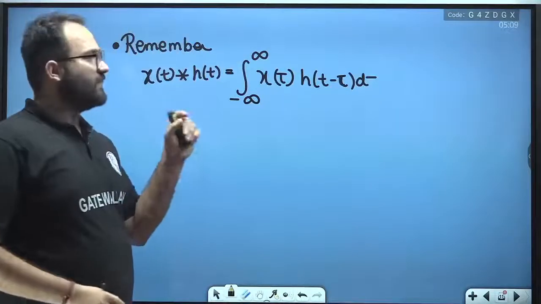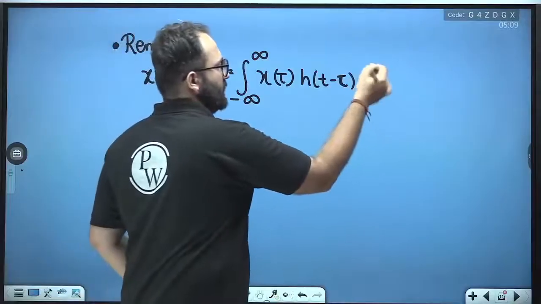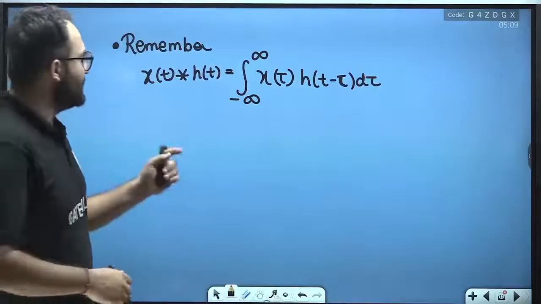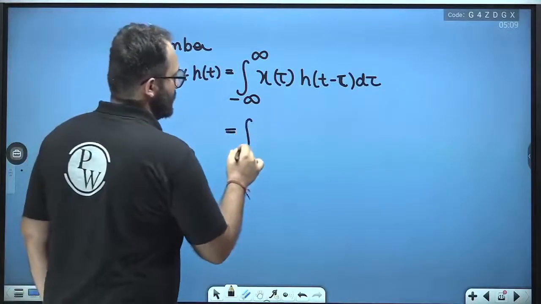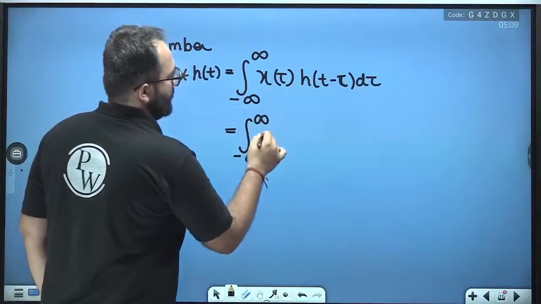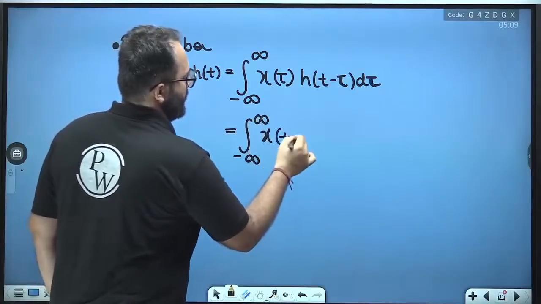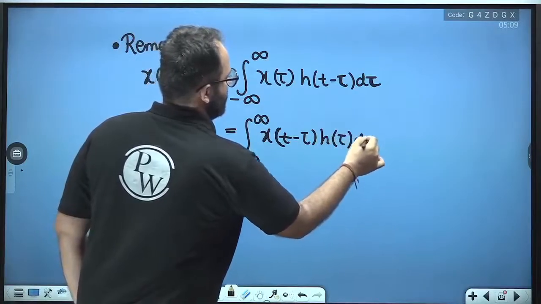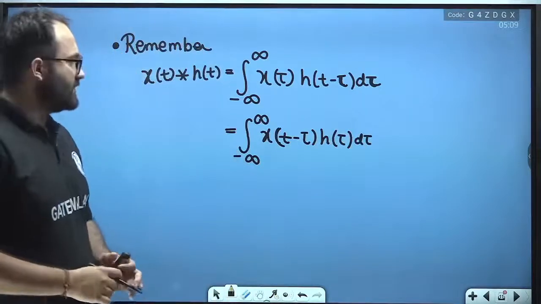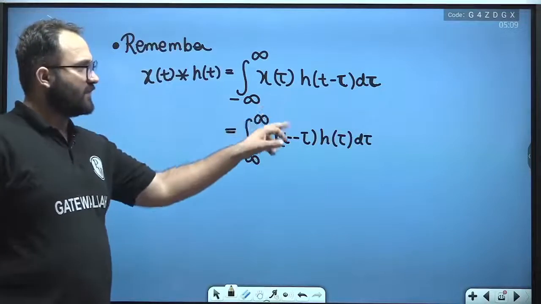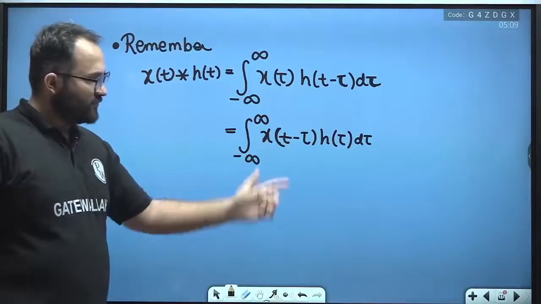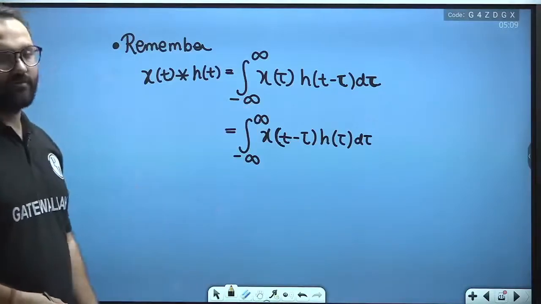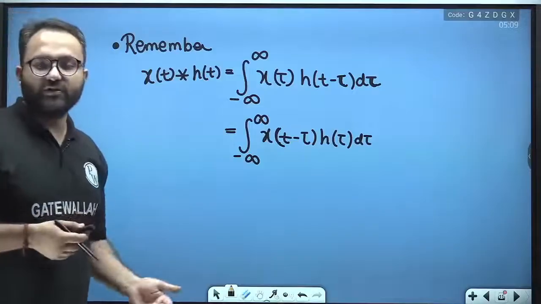Here the variable of integration is tau. We can interchange them also, which means this is also equal to the integral of x(t minus tau) h(tau) d tau. So we can interchange the terms also, there is no issue. We can use either of the two formulas, whichever is convenient to us.